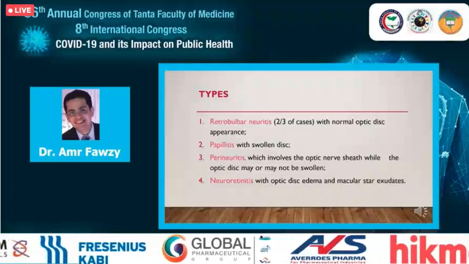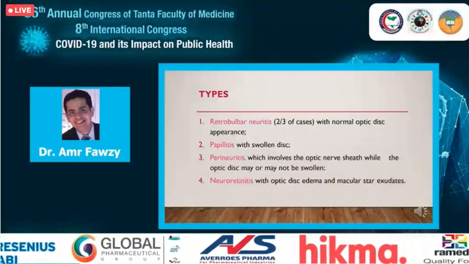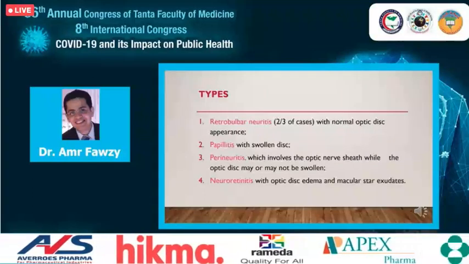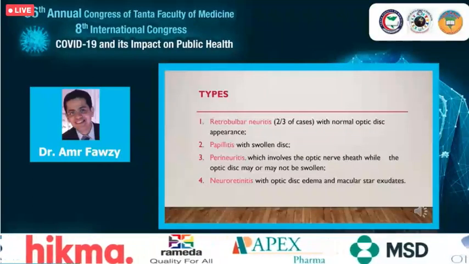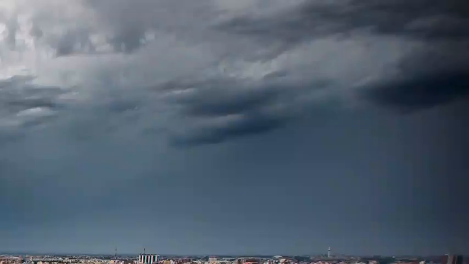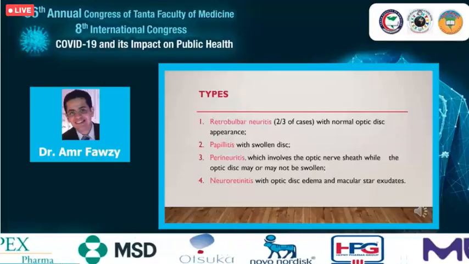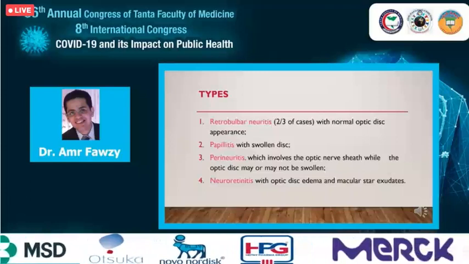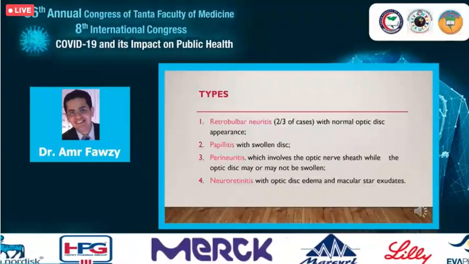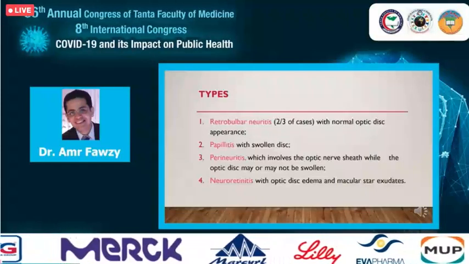The types of optic neuritis: Number 1, retrobulbar neuritis, which is about 2/3 of cases, with normal optic disc appearance. Number 2, papillitis with a swollen disc. Perineuritis, which involves the optic nerve sheath while the optic disc may or may not be swollen.